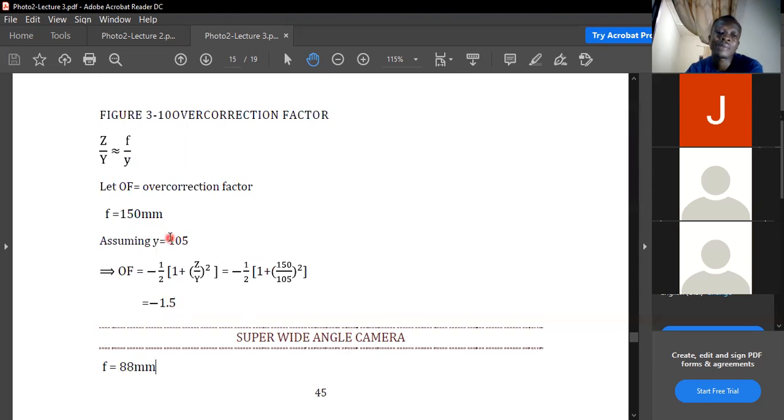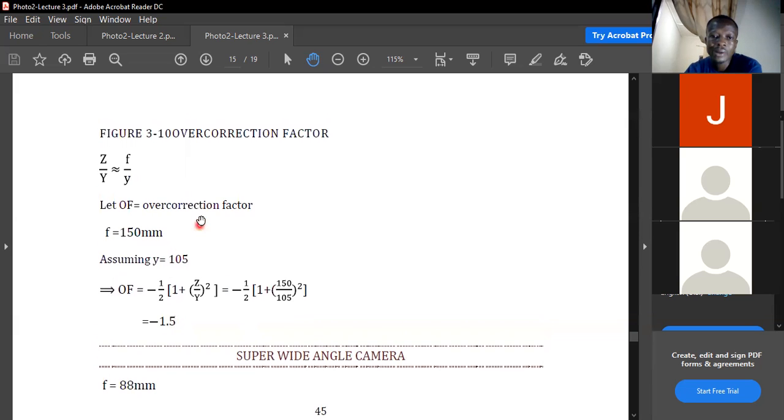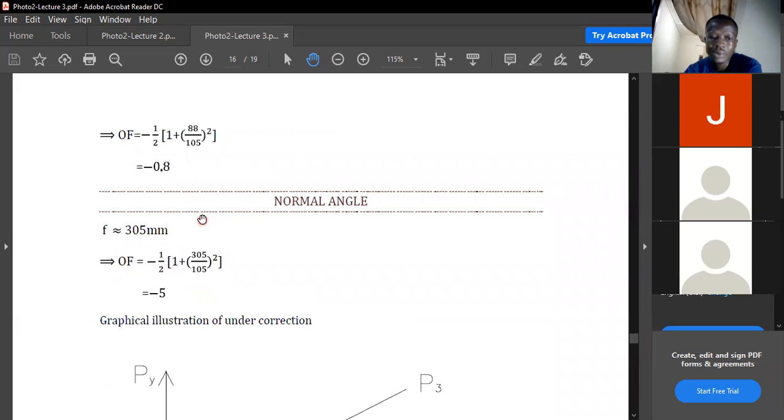So depending on the camera you are using, we have super wide angle camera, wide angle camera, normal angle. What determines whether it is normal angle and all those things is also the focal length. So we can put that in y, and then this is actually the z up here.